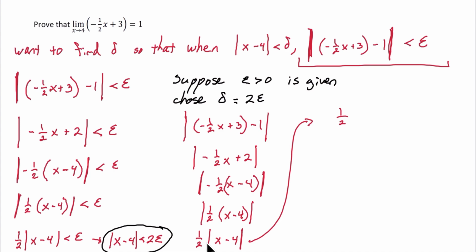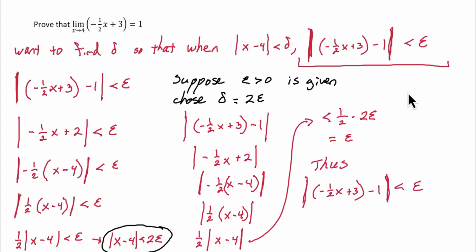We can replace the absolute value of x minus 4 with the 2 epsilon. And this is now less than our previous statement, which is now epsilon. Thus, we started with this statement and we found that it is less than epsilon, which is what we wanted up here. We've got it. The absolute value of negative 1/2 x plus 3 minus 1 is less than epsilon. And we've got our proof.